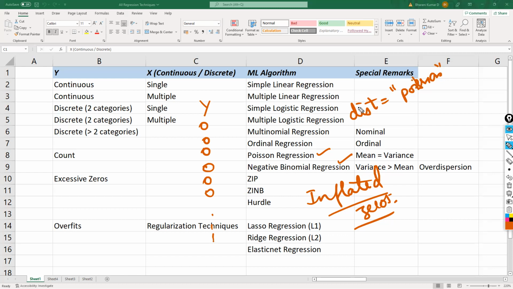If you give the distribution as Poisson, the zero inflated model becomes zero inflated Poisson.